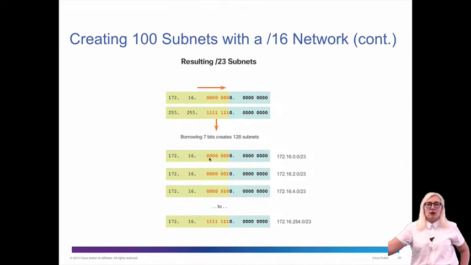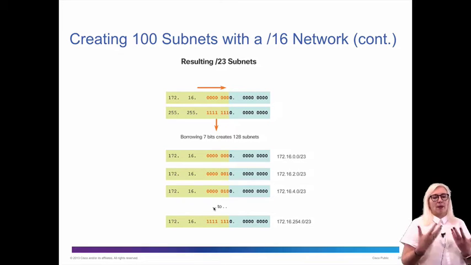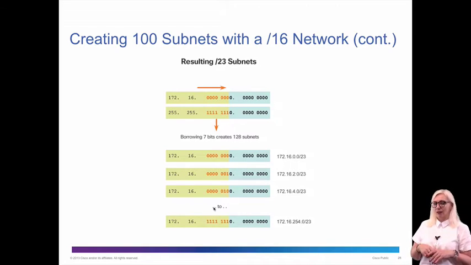And then, of course, to find the 128 new subnets, I take the first one, which will be all zeros, and then it will be zeros and a 1, and 1 and 0, and 1 and 1, and so on. Then I keep all the different variations of 7 bits, and then I will get all the new networks that I will create.